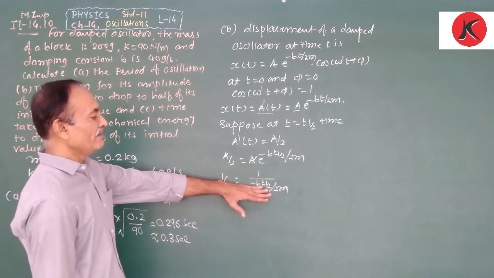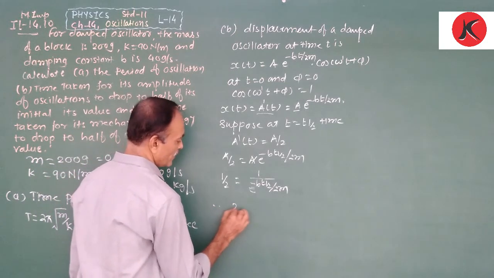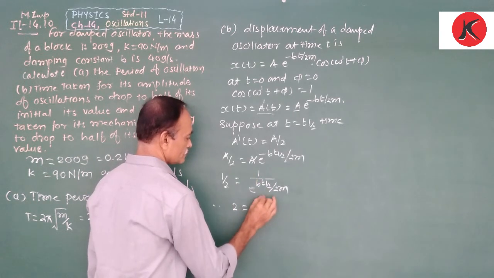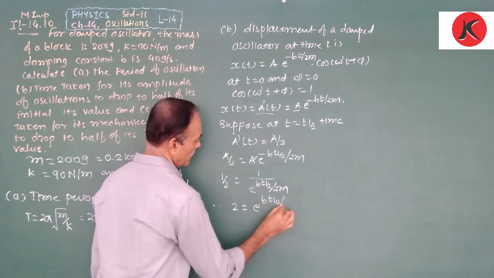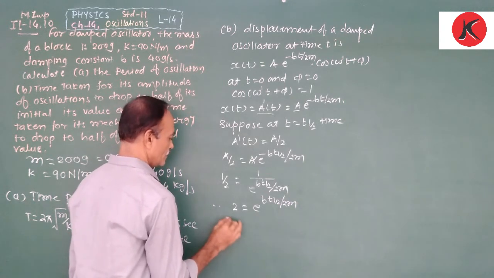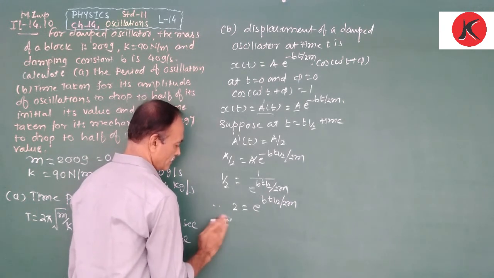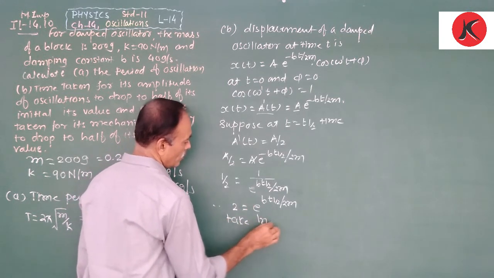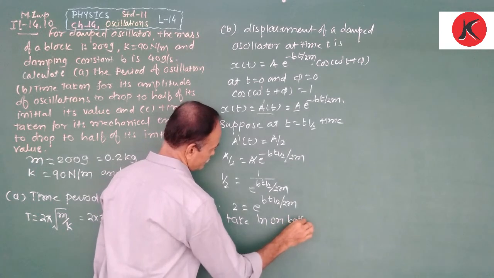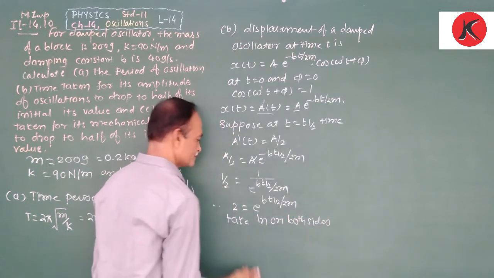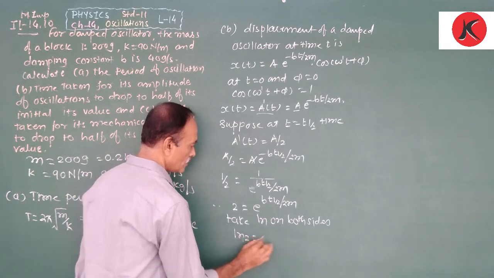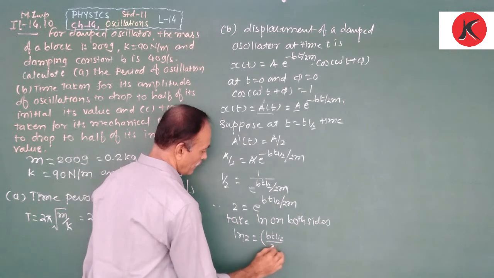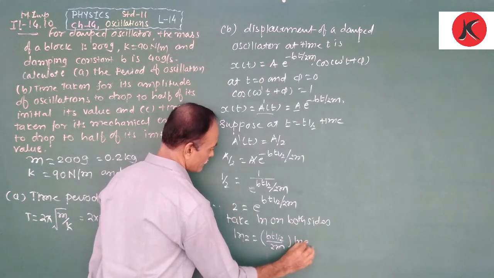We compare the denominator term. Therefore, 2 is equal to e to the power b t half upon 2m. Take ln on both sides. Therefore, ln 2 is equal to b t half upon 2m into ln e.